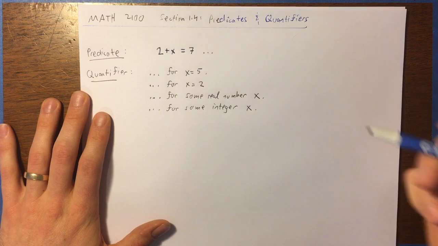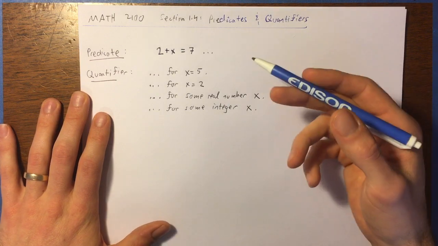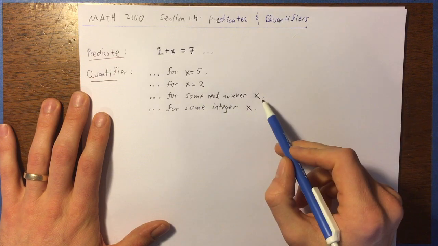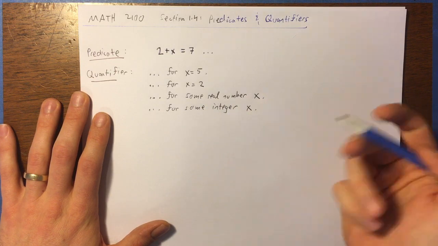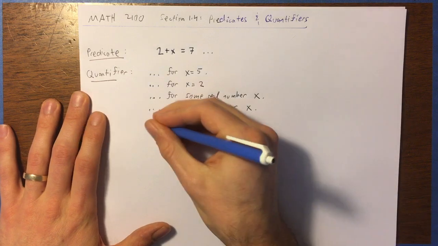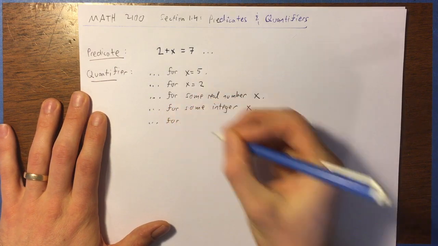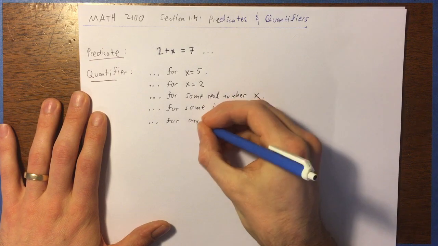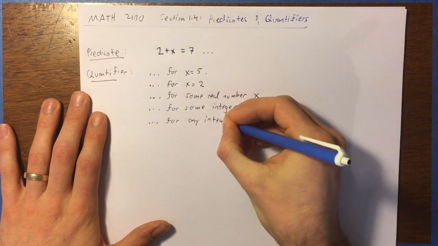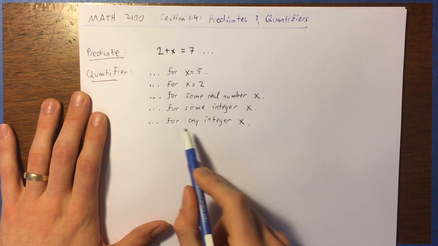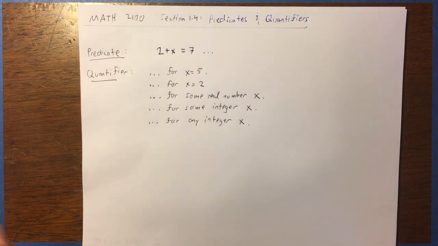But if you had an equation whose solution was an irrational number, then when you say for some real number, it would be true. But when you say for some integer, it would be false. So that can affect the truth value. And then another way we could finish this up is to say for any integer x. Changing it from for some to for any changes the claim that you're making.